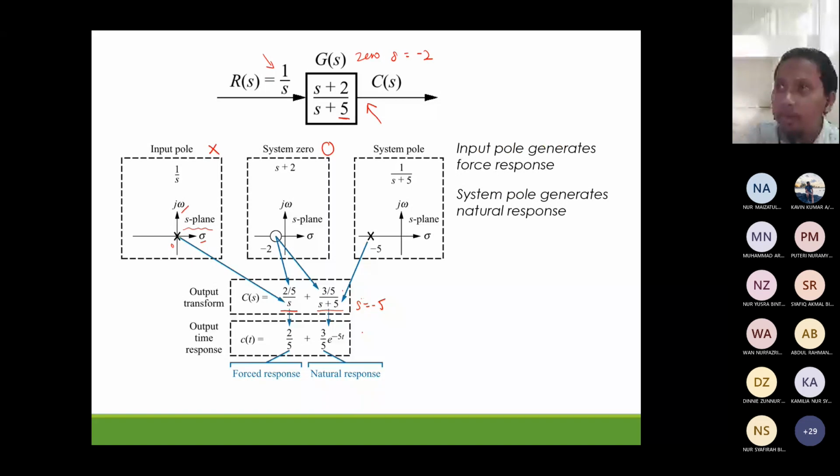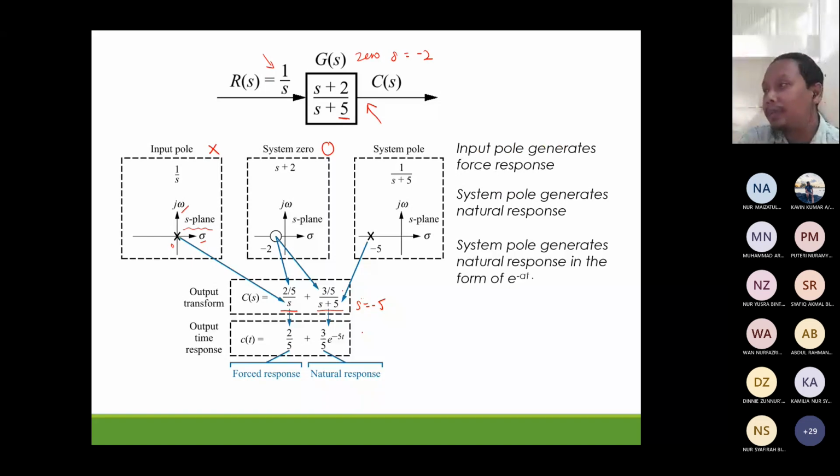So similar to what I said earlier, but in a different definition. Okay. So the system pole generates the exponential part. Okay, so it generates this exponential part, while the input generates the constant part here. Okay, so this is just to explain to you the different parts of the time response.